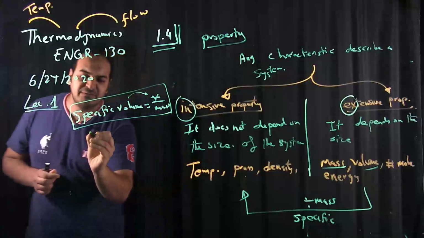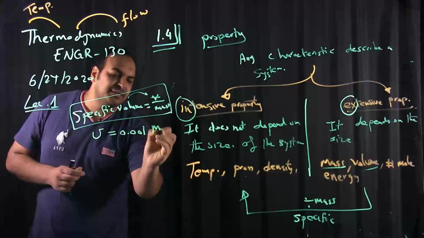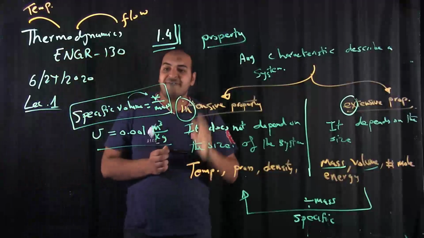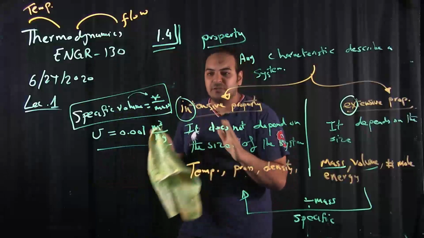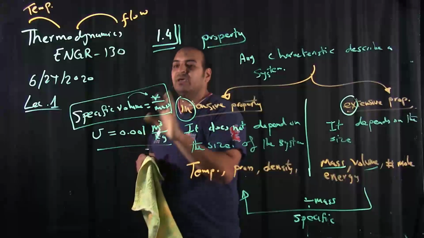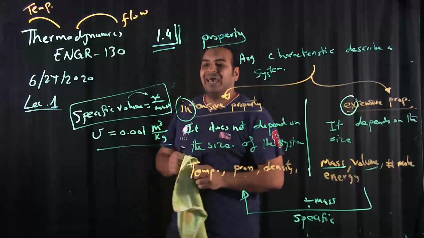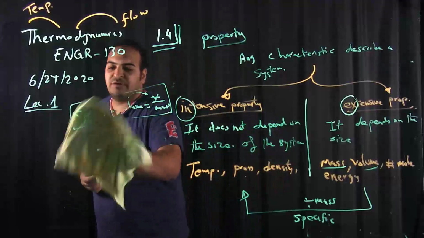For example, for specific volume, we use nu, and it's 0.001 meter cube per kilogram for water. This number is one of the most famous numbers in our thermodynamics class. We'll see it a lot. Whenever you see this number, you know this is 1,000 kilogram per meter cube for water at standard temperature and pressure, 1 atmosphere and 25 Celsius.